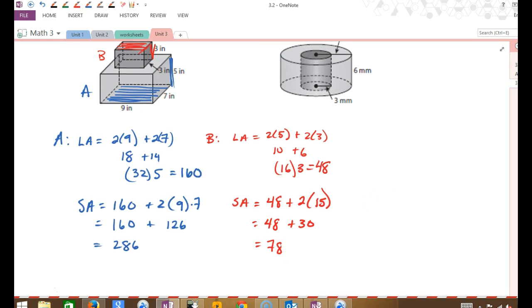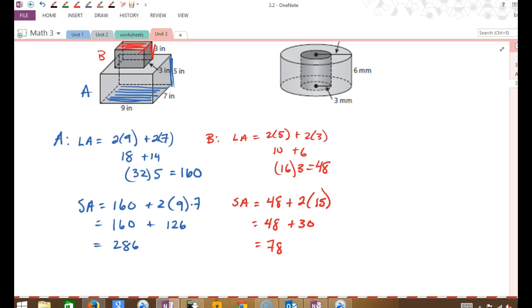Okay. All right, so I've got the total surface area, but now I have to subtract out the touching pieces. So what am I going to subtract out? 2 bases of the B. Perfect. Everybody see that?